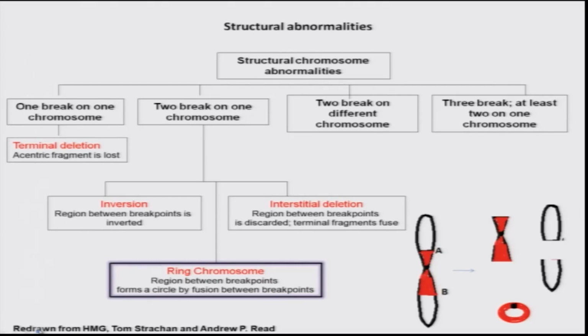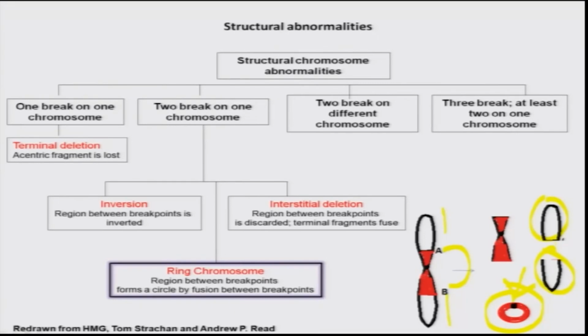There are also conditions where two breaks in a chromosome can result in a very abnormal structure called the ring chromosome, meaning they lost the telomeres, this part and this part, and the A and B join together to form a ring chromosome. Then they can survive because they can still bind to the spindle and be separated into the daughter cells, whereas the other part is lost from the cell.